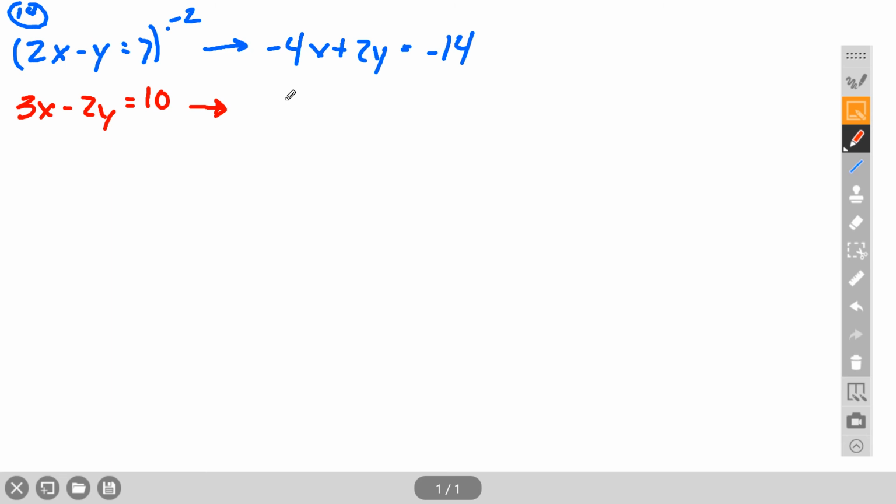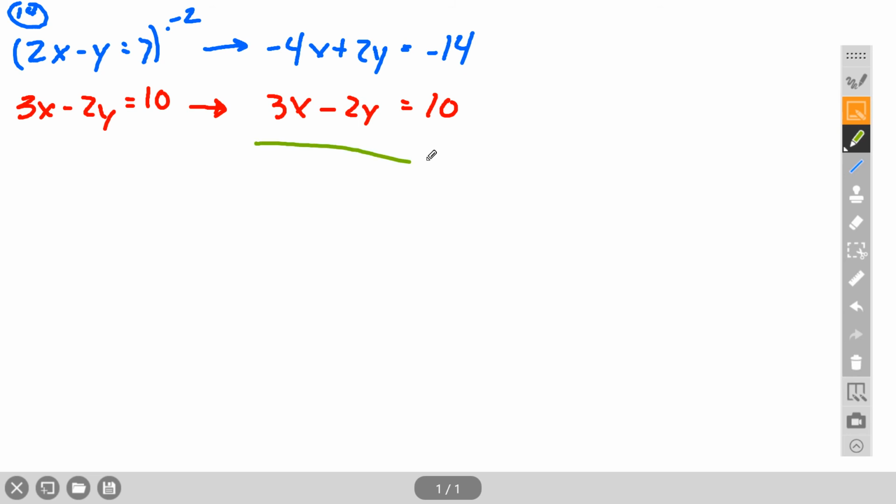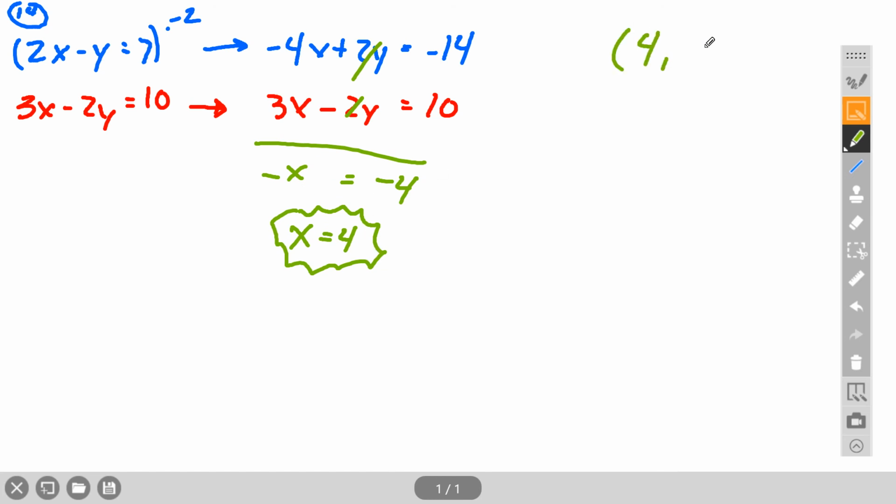This one stays the same. 3x minus 2y equals 10. And I'm going to add these together to get a new equation that only has one variable. So that would be -x, cancel, cancel, equals -4, which means x is equal to 4. Because you divide both sides by -1, you get x is equal to 4. So the first part of the solution is 4.